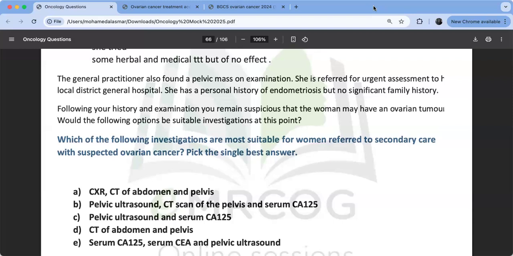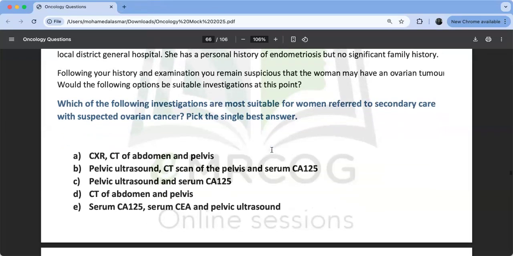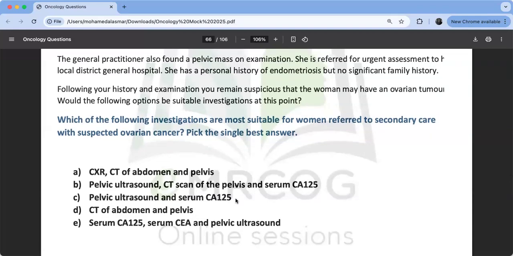What is your answer, my friend? Yes, Dr. Fatima. Excellent, Dr. Nahid. Well done, Dr. Dina. Well done, my champion. So I need to calculate the risk of malignancy index.